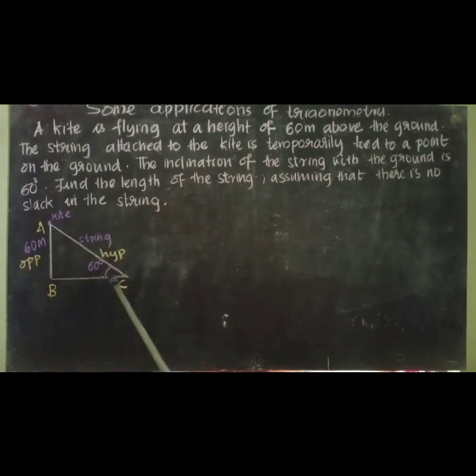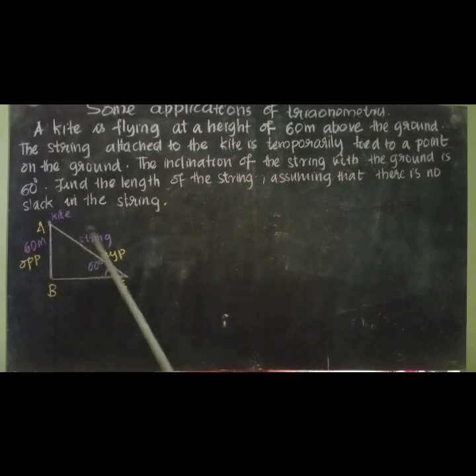Here the acute angle is angle C with measurement 60 degree. For this acute angle C, this AB is the opposite side and AC is the hypotenuse. Opposite side is given. We need to find out the hypotenuse.